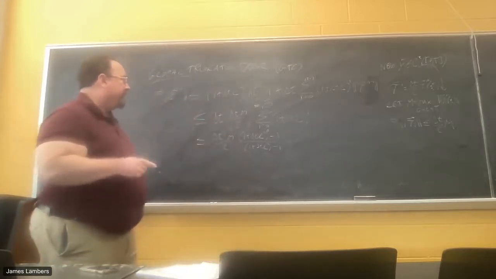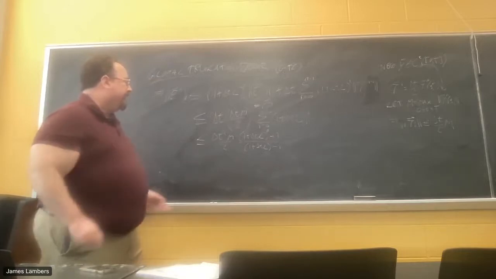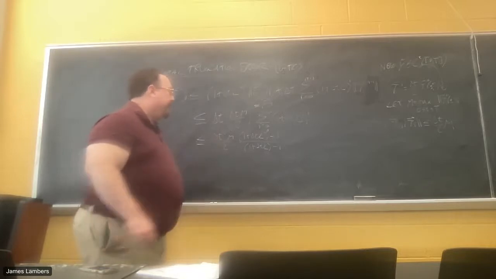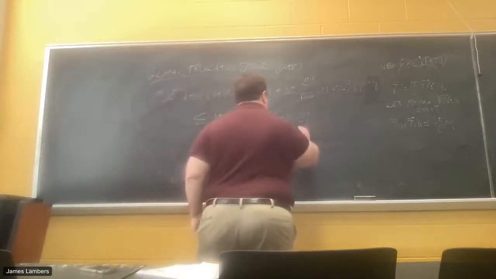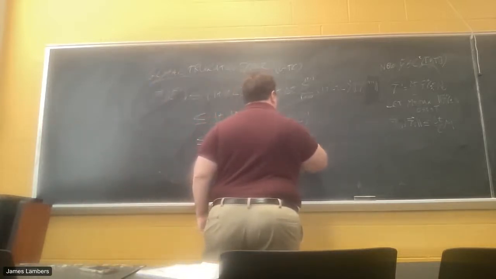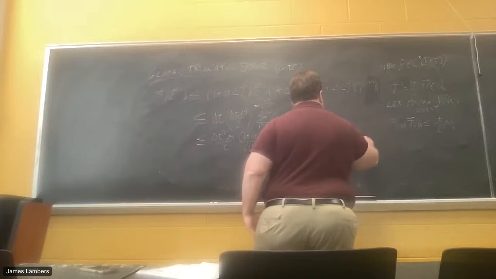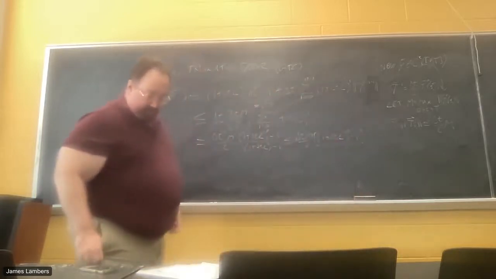But the denominator just simplifies to delta t, which will cancel with one of the delta t's up here. So this is less than or equal to delta t m over 2 times 1 plus delta t L to the n, minus 1.